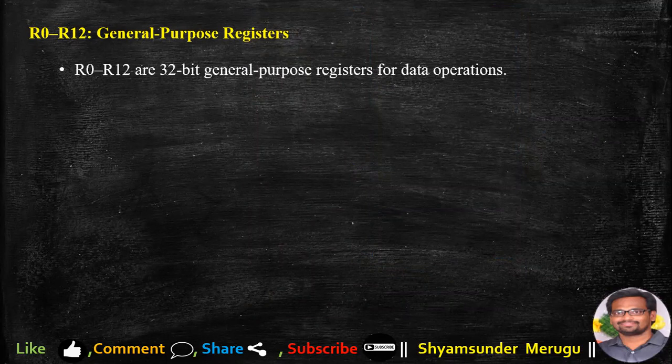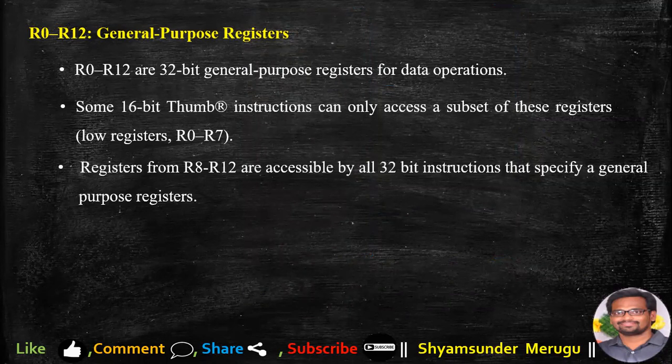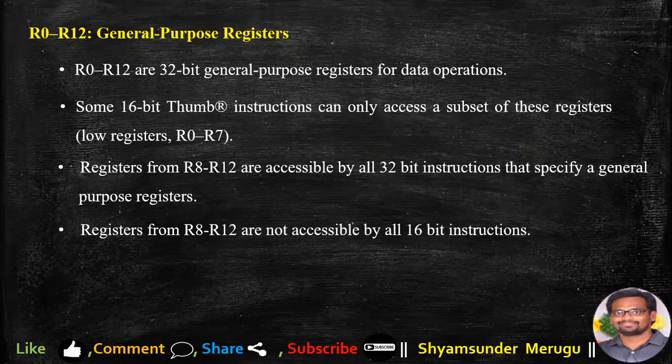These are the 32-bit general purpose registers for data operations. Some 16-bit Thumb instructions can only access a subset of these registers, and they are the low registers from R0 to R7. Registers from R8 to R12 are accessible by all 32-bit instructions that specify a general purpose register. Registers from R8 to R12 are not accessible by all 16-bit instructions.